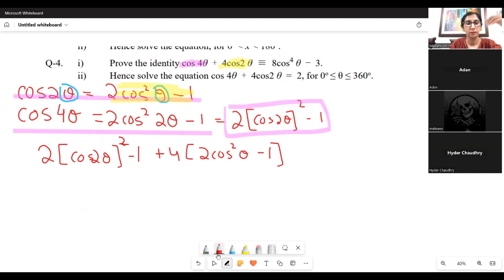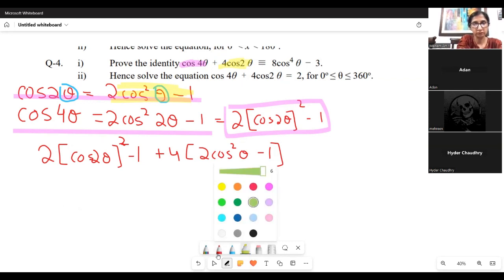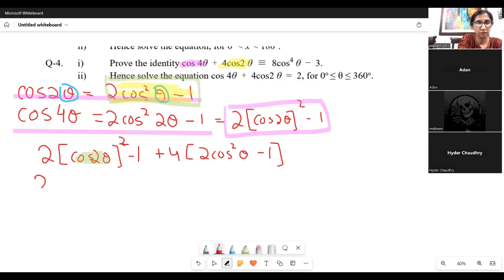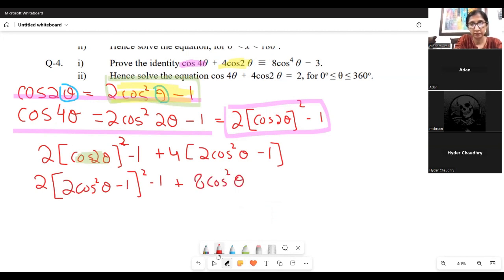Now this cos 2 theta will be replaced with this as well. So 2 times bracket 2 cos square theta minus 1 whole square minus 1, plus 8 cos square theta minus 4.